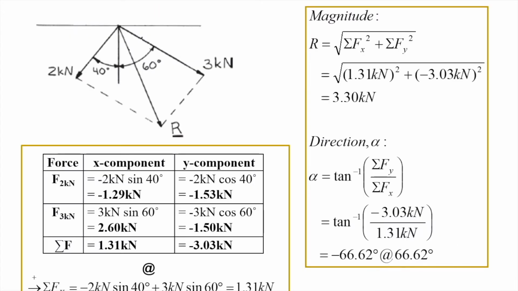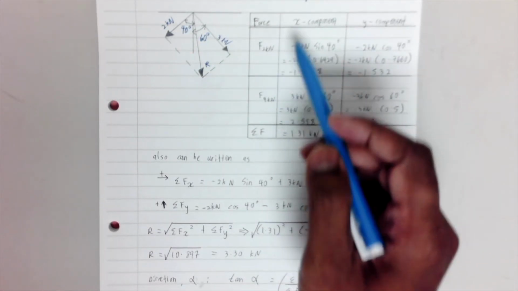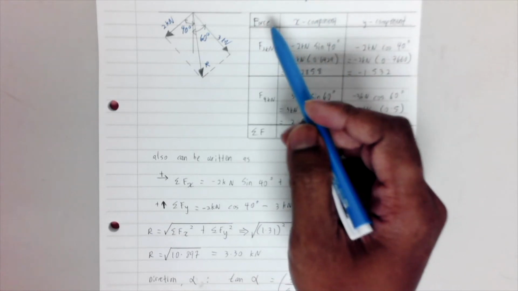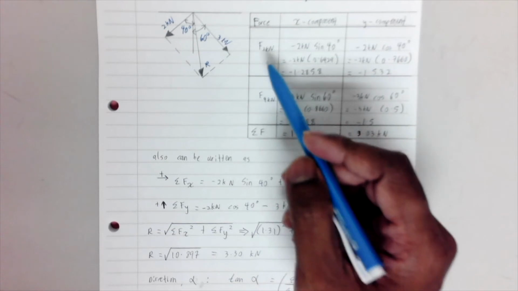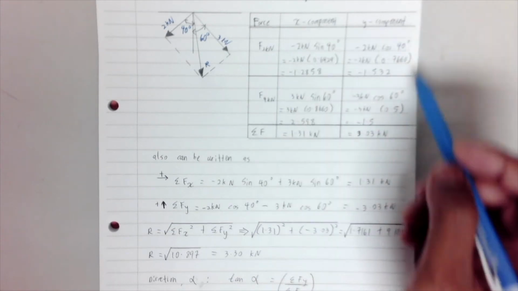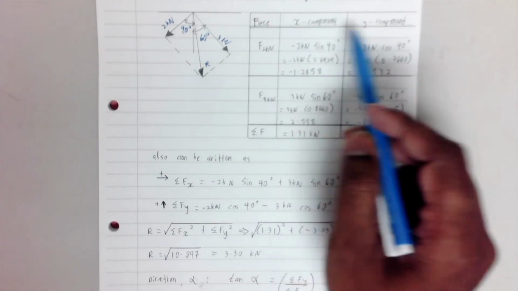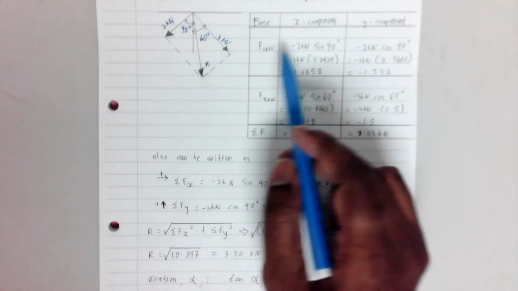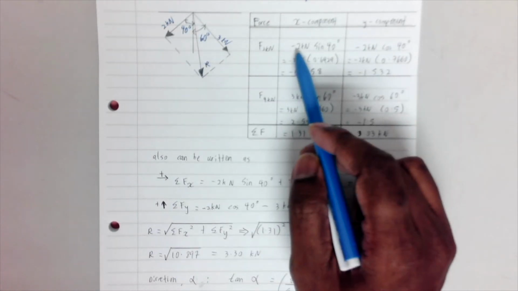So first, for the parallelogram law, we draw the parallelogram. So now we will use the parallelogram law to solve the equation. Okay, for the forces, we put in 2 kilonewton and 4 kilonewton, and straight away we put them in this box, which we solve into x component and y component. So for the x component, for 2 kilonewton, start with negative 2 kilonewton sine 40.